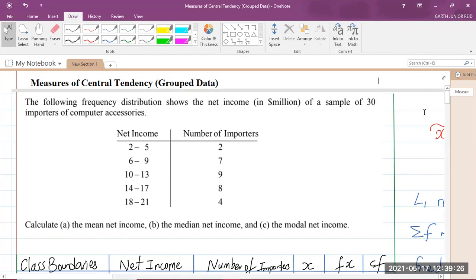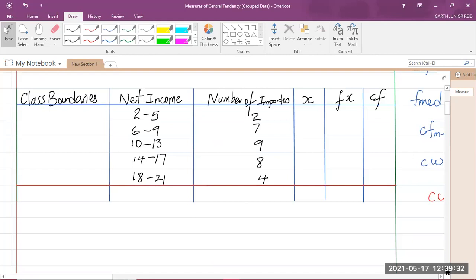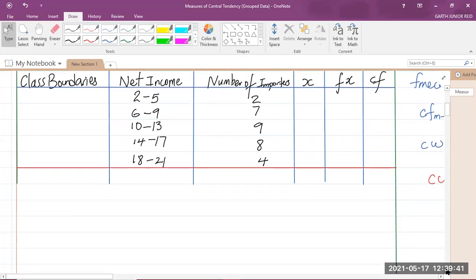Now, before we start to calculate all of that, we need to set up our table, because there's some information that we are going to need. So let me write part 1 solution here. I want the mean.